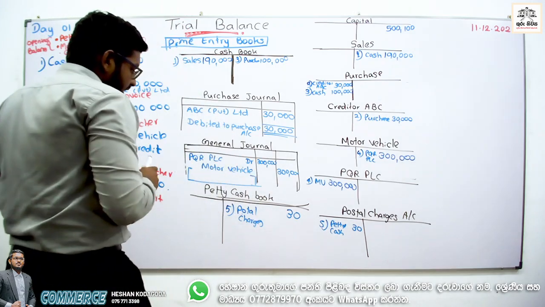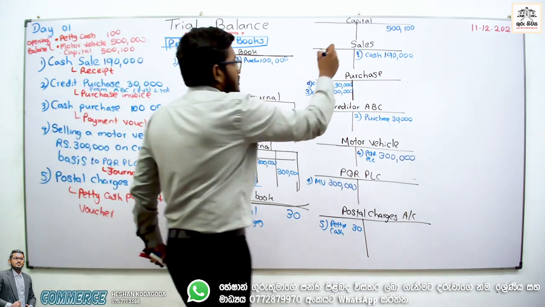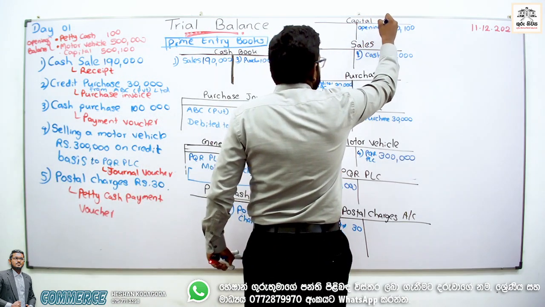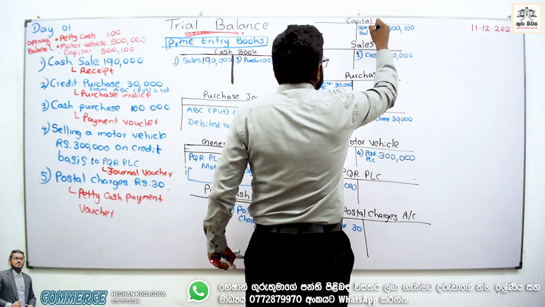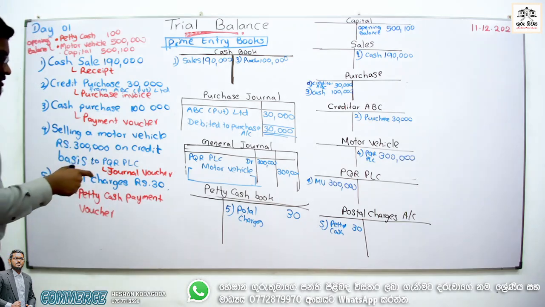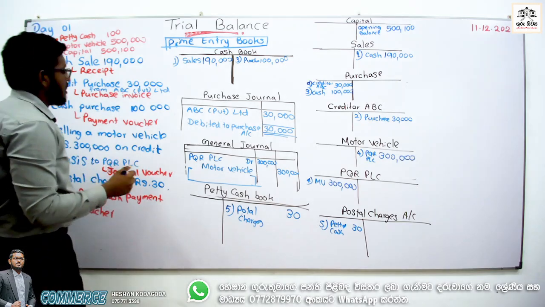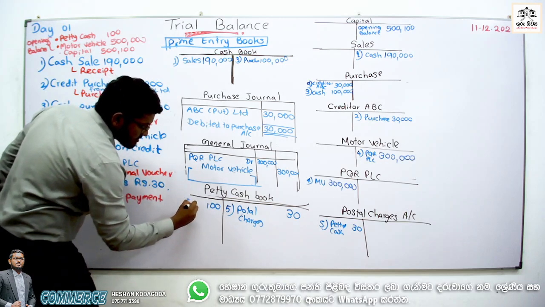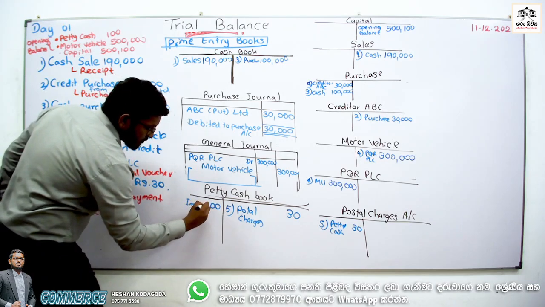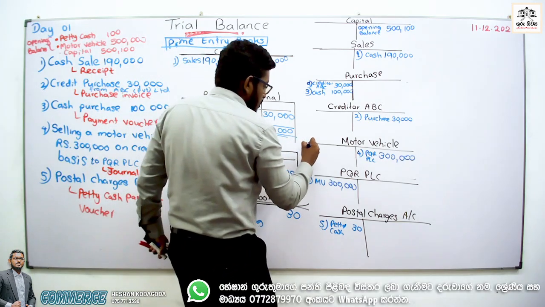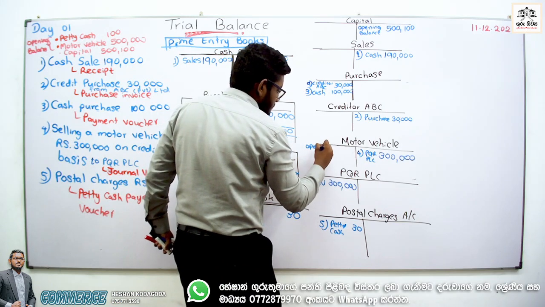So petty cash book, you know, this is the opening balance. Our petty cash book is 100. This is like imprest. Okay, take like imprest. So then motor vehicle opening balance, how much?